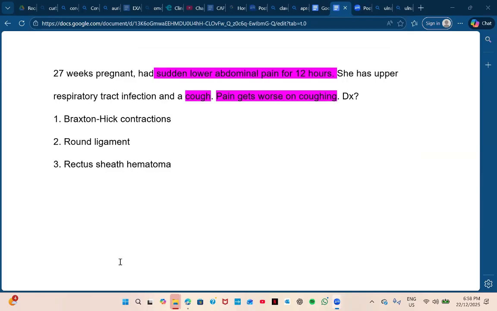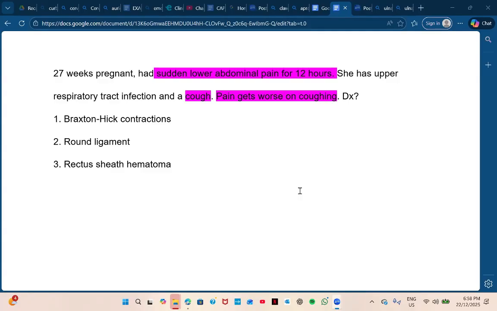Yeah. So next question. A 27-week pregnant woman had sudden lower abdominal pain for 12 hours. She has an upper respiratory tract infection and a cough. The pain gets worse on coughing. Diagnosis.